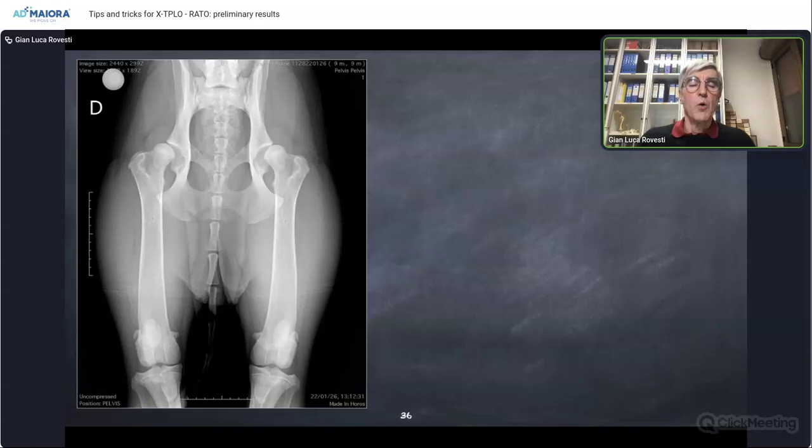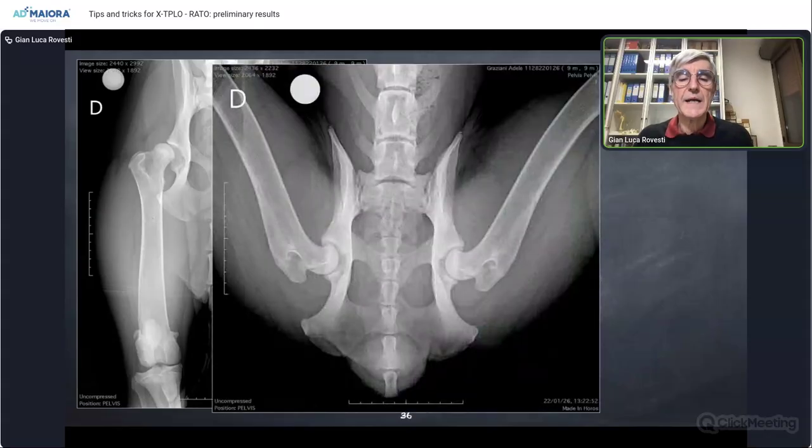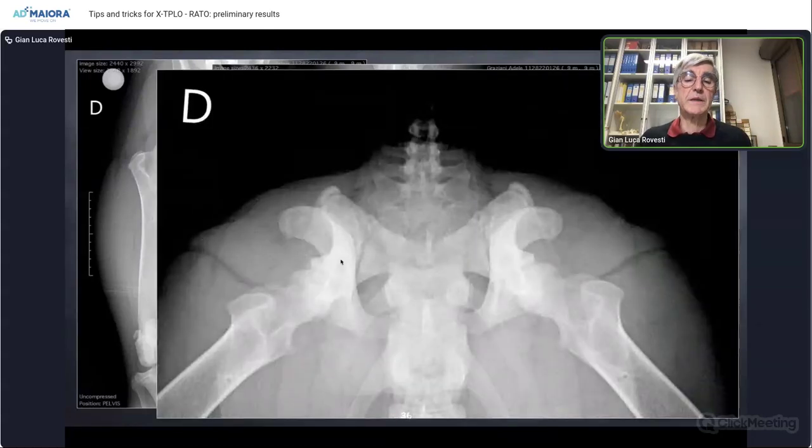Okay, when I have this kind of situation, in this patient I can see there is a lot of laxity. We can see that the acetabular filling is quite high, but most importantly, in this patient, look at the left hip. The dorsal border of the acetabulum is completely remodeled, and we have a huge filling here.